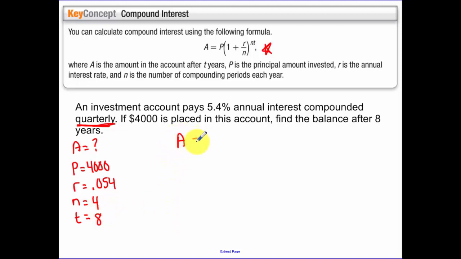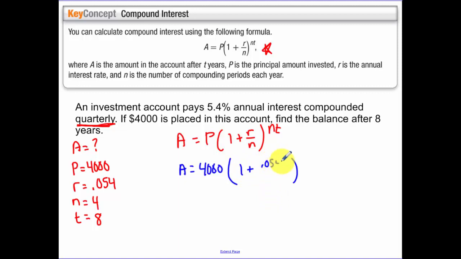So plugging into our formula: our principal, 4,000, times 1 plus our rate, 0.054, divided by n, the number of times a year it compounds, which is 4, all to the n times t power, which is 4 times t.